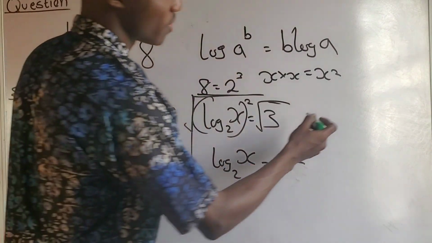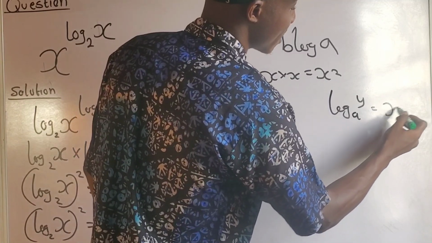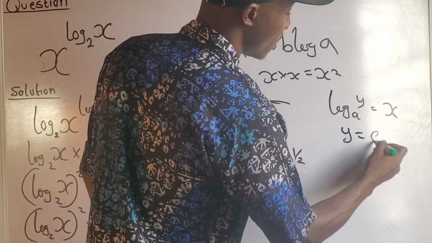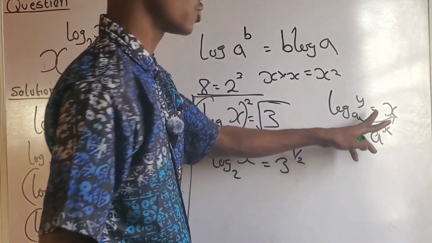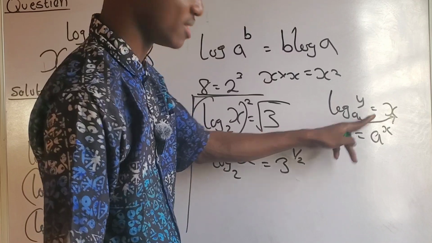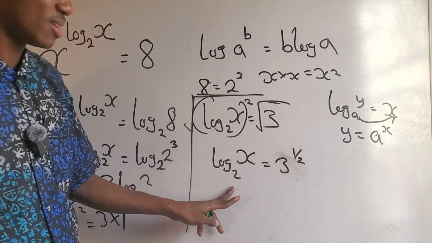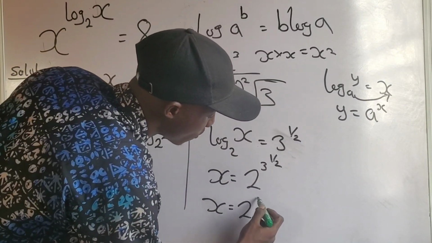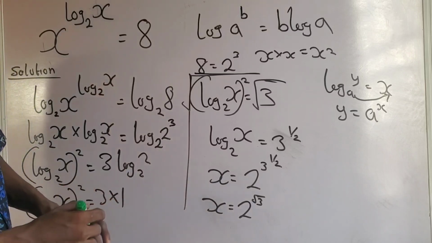Now, according to laws of logarithm, log y base a equals x in logarithmic form can be written in index form as y equals a raised to the power of x. That is, this base will carry this power, and you equate it to what you have here. You understand? So x will equal 2 raised to the power of root 3. Do you understand? So that is the solution to that question.